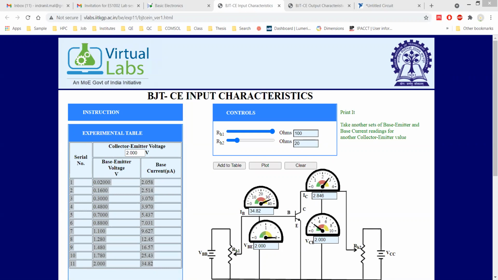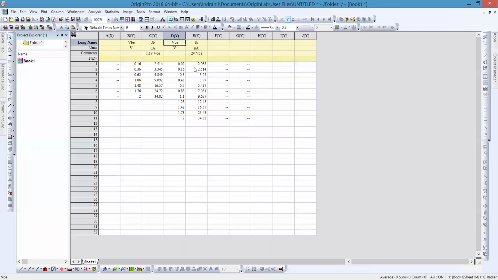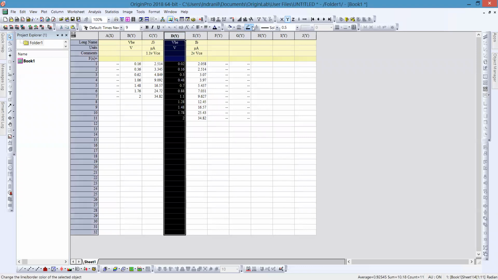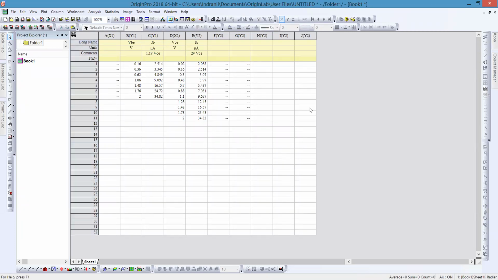Right now you cannot see the data. I have just copied this data in this format here, nothing else. After all, we will plot them together in one window, then we will see if there is any difference or not.